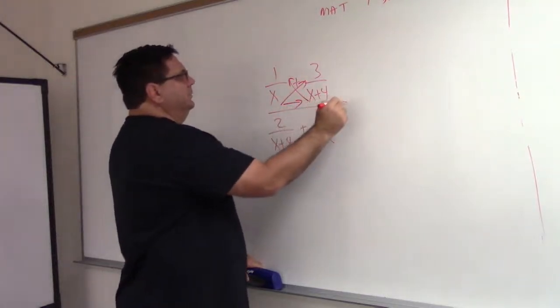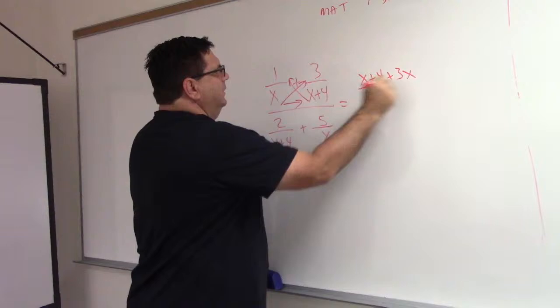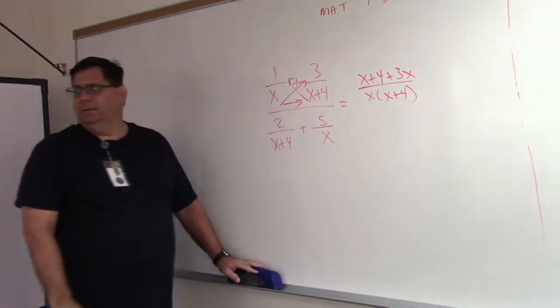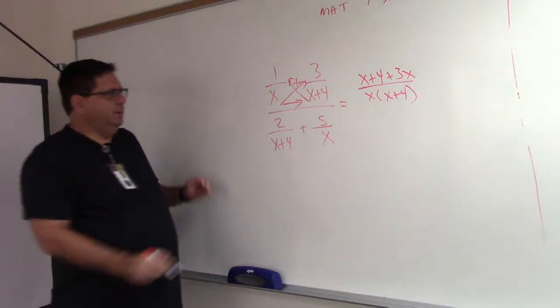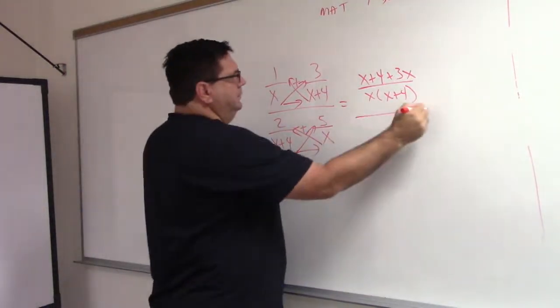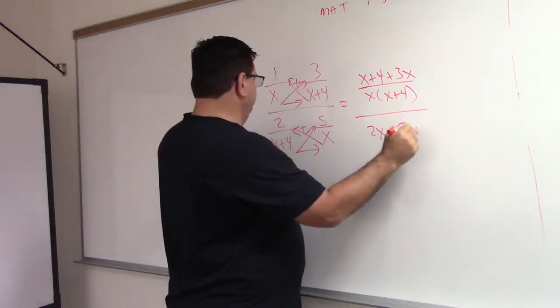Up, over. X plus 4 plus 3x over x plus 4. Yeah? Up, over. 2x plus 5x plus 20.